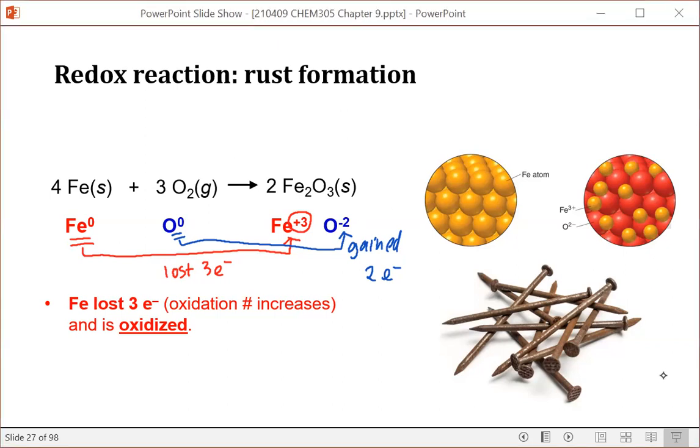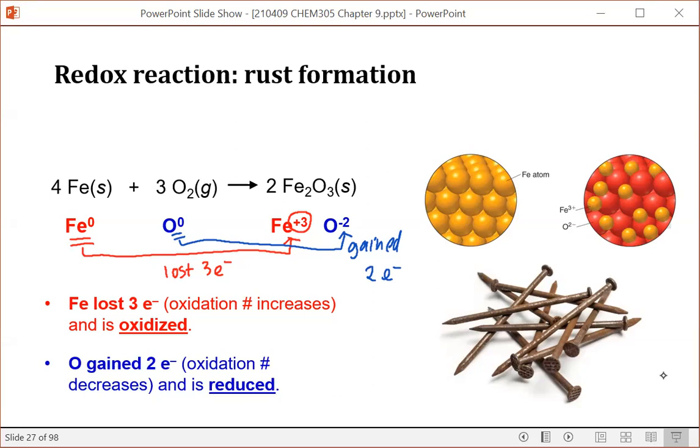So oxygen was reduced. So you should be able to, once you determine the oxidation numbers for every element in a reaction, identify which was oxidized and which was reduced based on if they lost or gained electrons as part of the redox reaction.